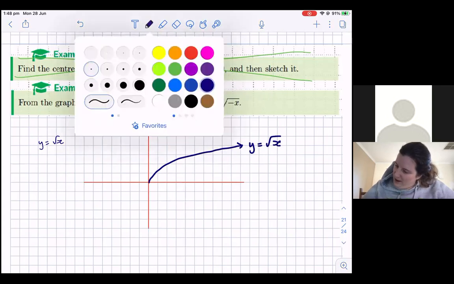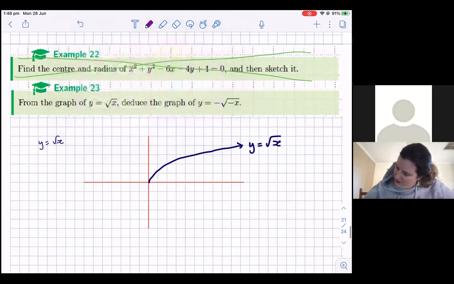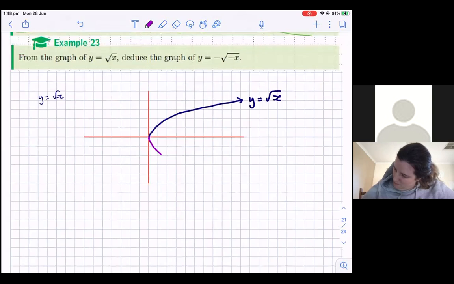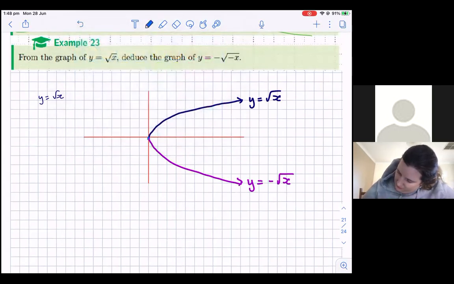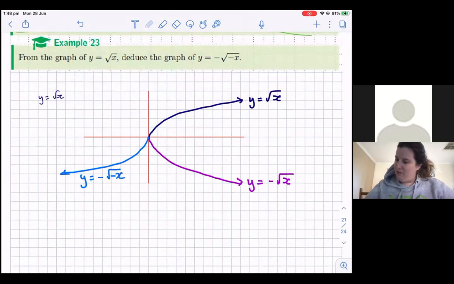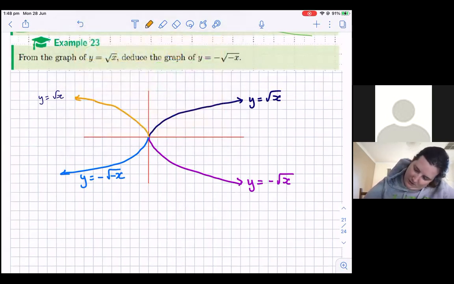If I have y equals negative root x, it's upside down. And remember, if the negative is with the x, then it reflects this way. And if you were interested, root negative x is just that way.